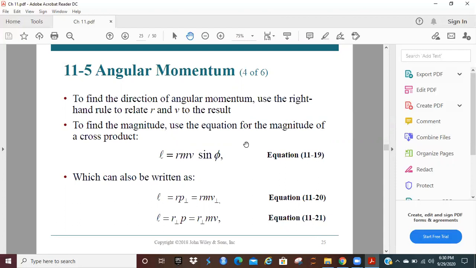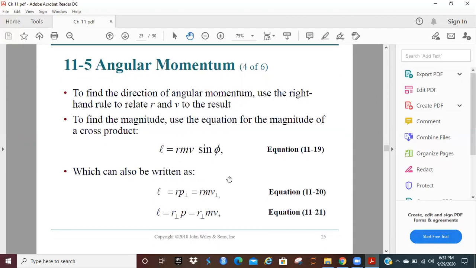To find the magnitude, use the equation for the magnitude of a cross product. So you're looking at r times m times v. It would have been better if they'd had the m out in front, but they wanted to keep you thinking about momentum. You're looking at the sine of the angle between r and v. Or, if you are looking at just the perpendicular components, you can write it in the fashion of these two equations.